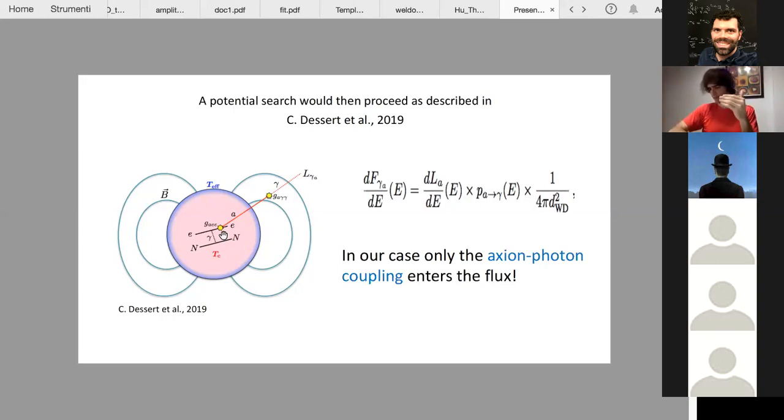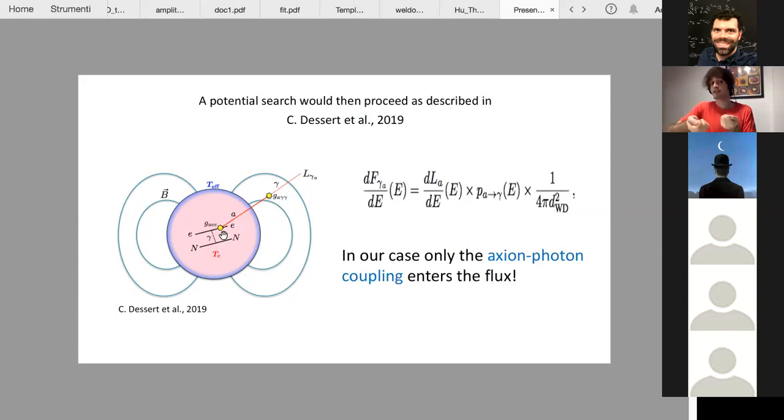And I think they already put some constraints with some X-ray data and some known white dwarfs. But the point is that if you assume Bremsstrahlung, you are looking for a combination of the coupling to the electron that regulates the production and the coupling to the photon that regulates the conversion.